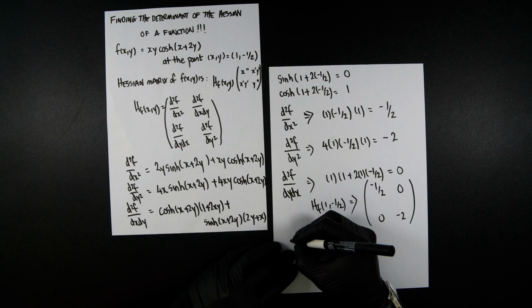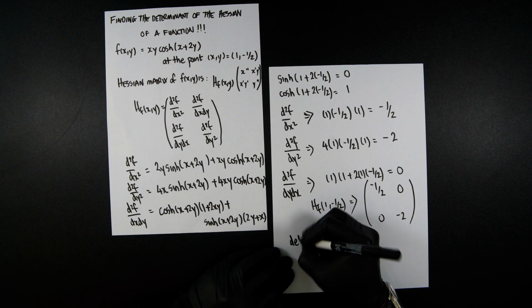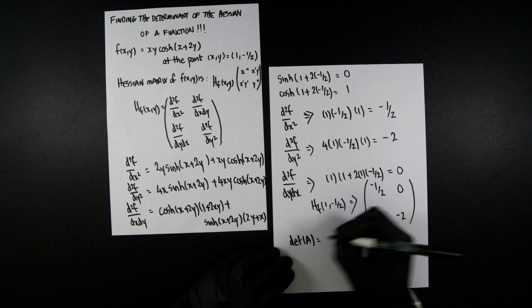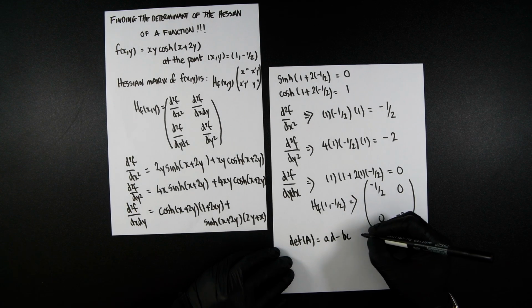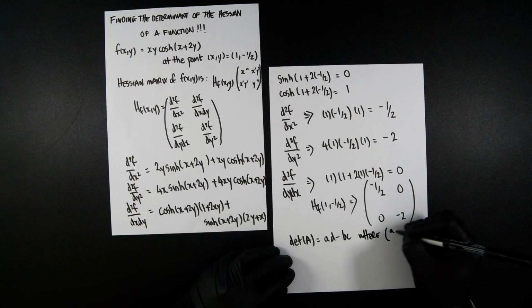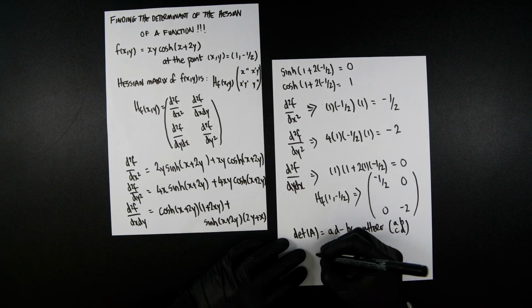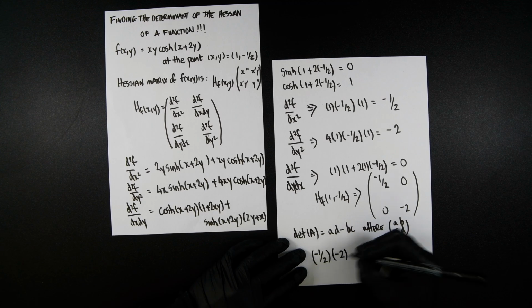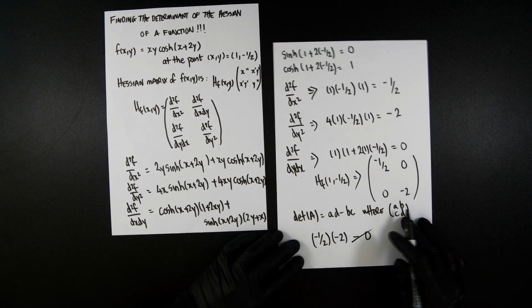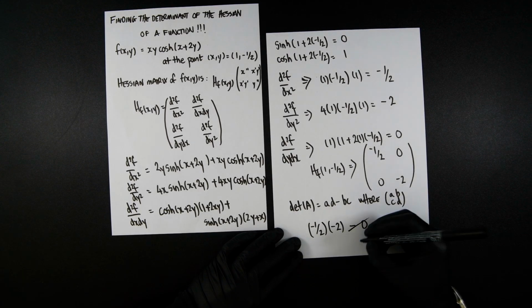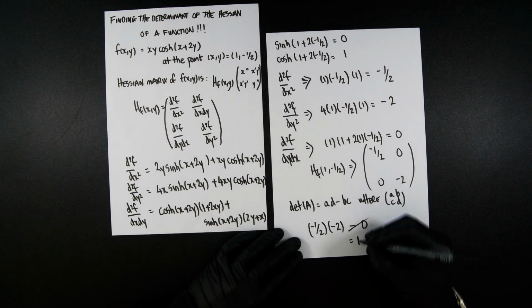We know that the determinant is going to be AD minus BC, where the entries are A, B, C, D. So these two minus these two. So let's do that. Minus a half times minus 2, minus 0. Obviously, that's unnecessary. Minus 2 times minus a half is 1.